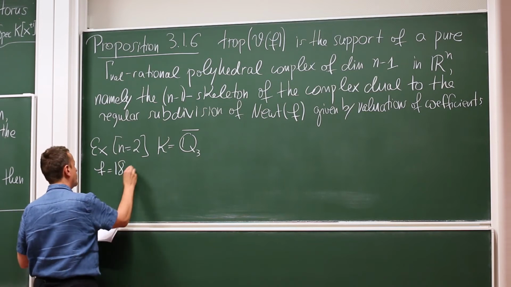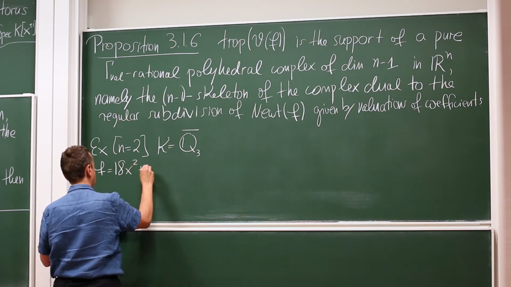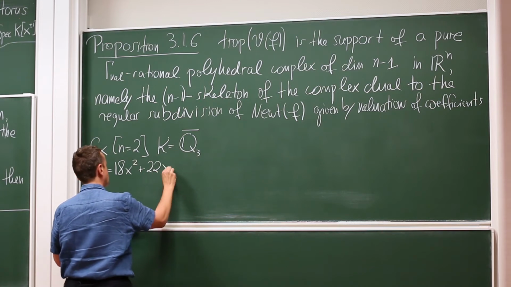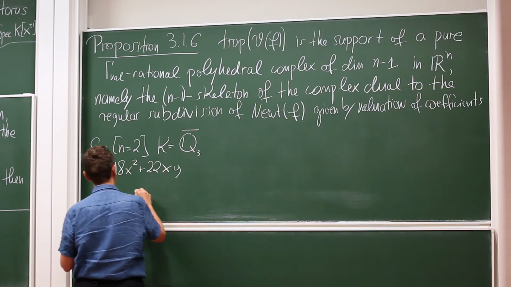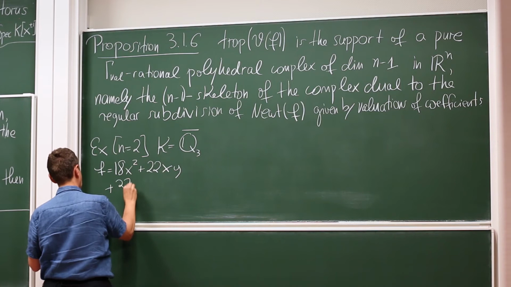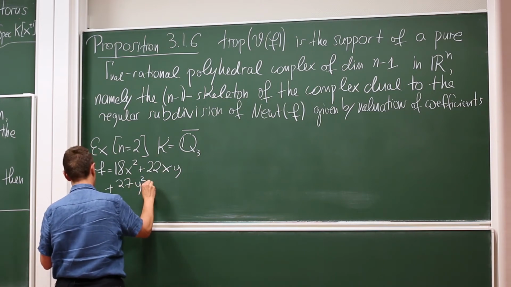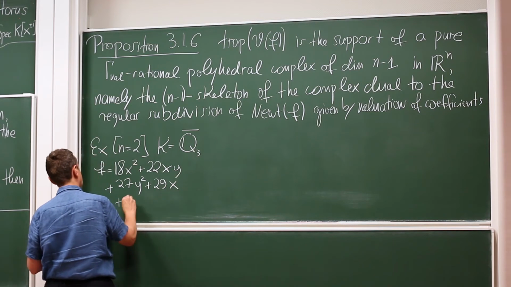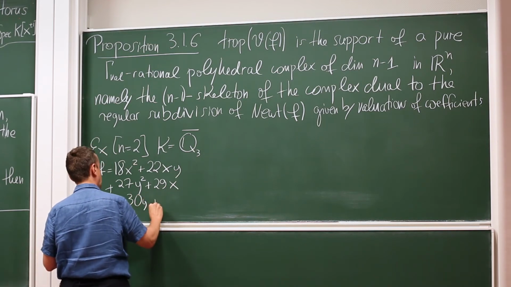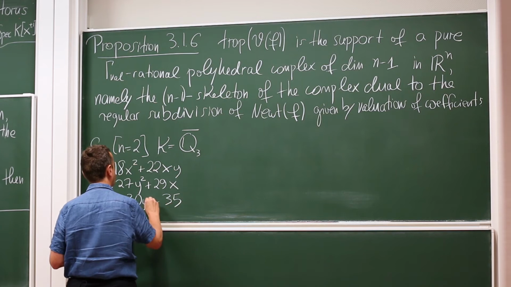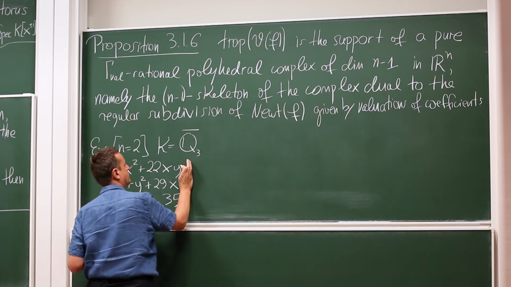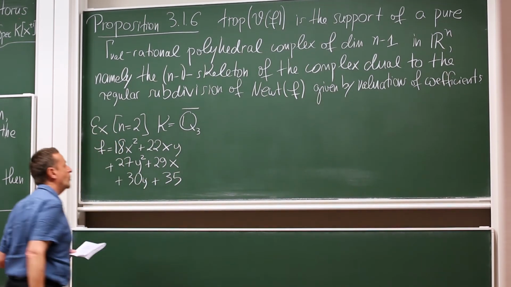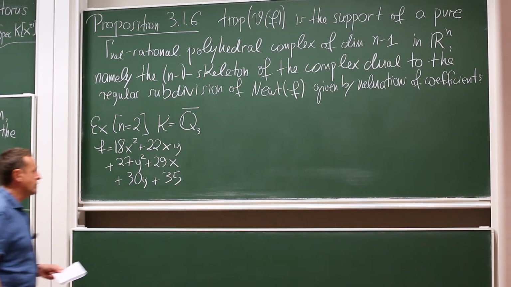Let's take the polynomial 18x squared plus 22xy plus 27y squared plus 29x plus 30y plus 35. Okay, so that's my quadratic polynomial, inhomogeneous in two variables.